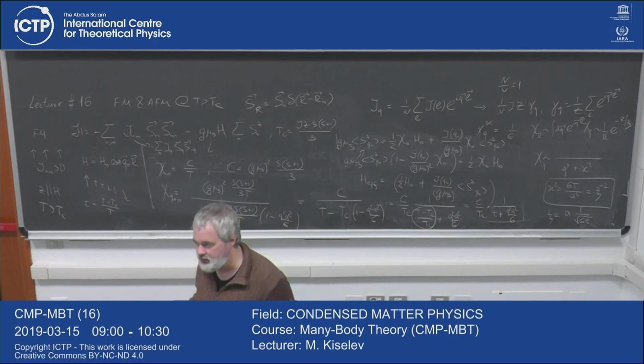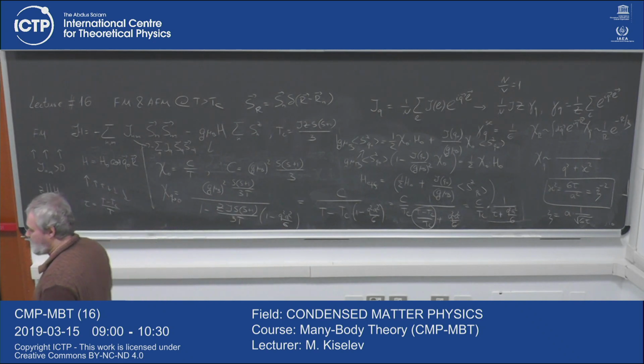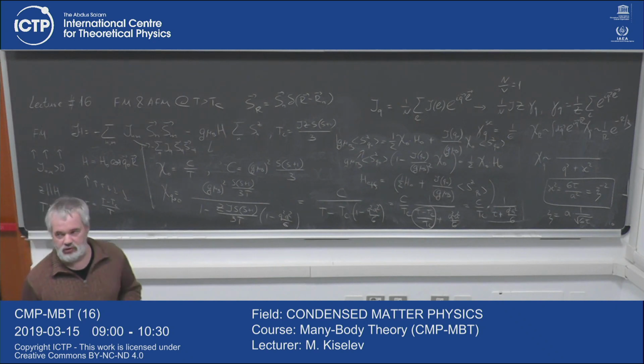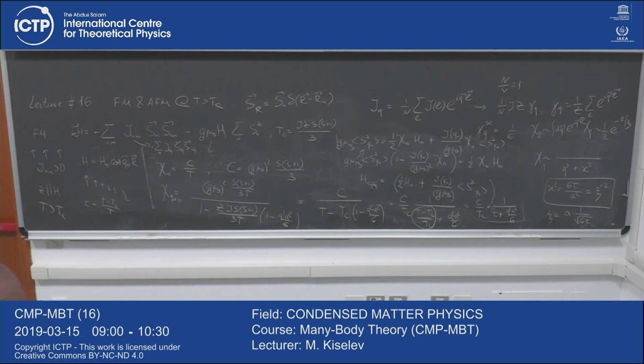So this is the physics of the phase transition when you go from the disordered phase, which means no long range order, to the ordered phase, and the ordered phase corresponds to spontaneous symmetry breaking and appearance of the uniform magnetization, as long as we speak about ferromagnets, which is the magnetic order. Okay, any questions?